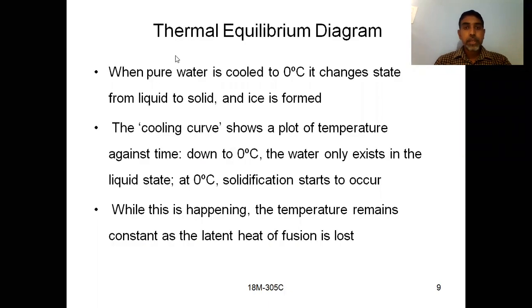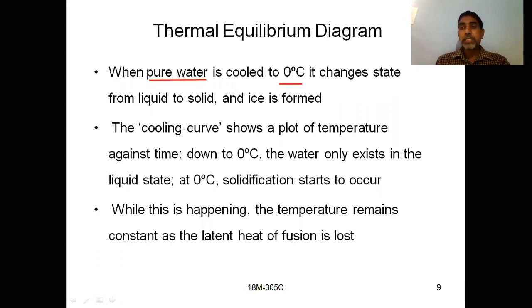See this one, thermal equilibrium diagram. So here, to draw a thermal equilibrium diagram, I am taking pure water. So for pure water, how will the thermal equilibrium diagram be? Here I am considering pure water, cooled from 0 degree centigrade, with a change in temperature.